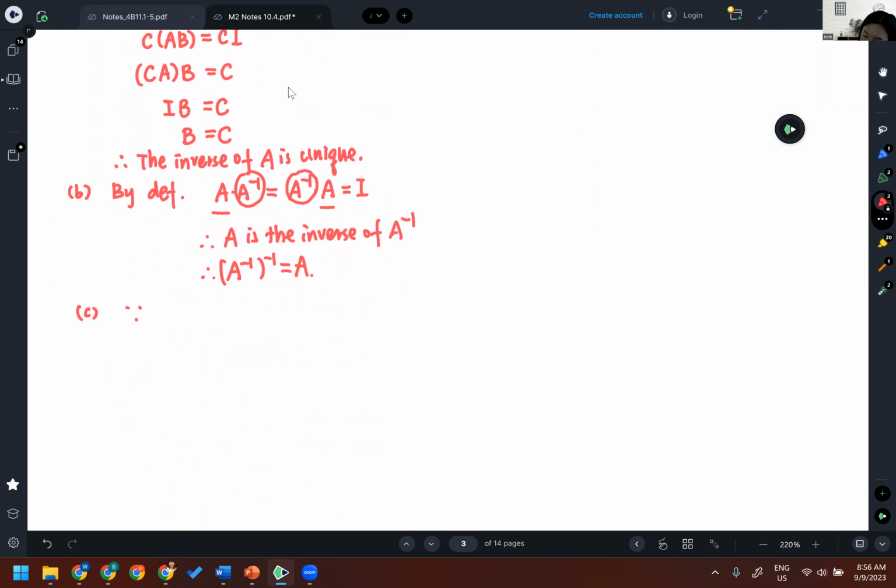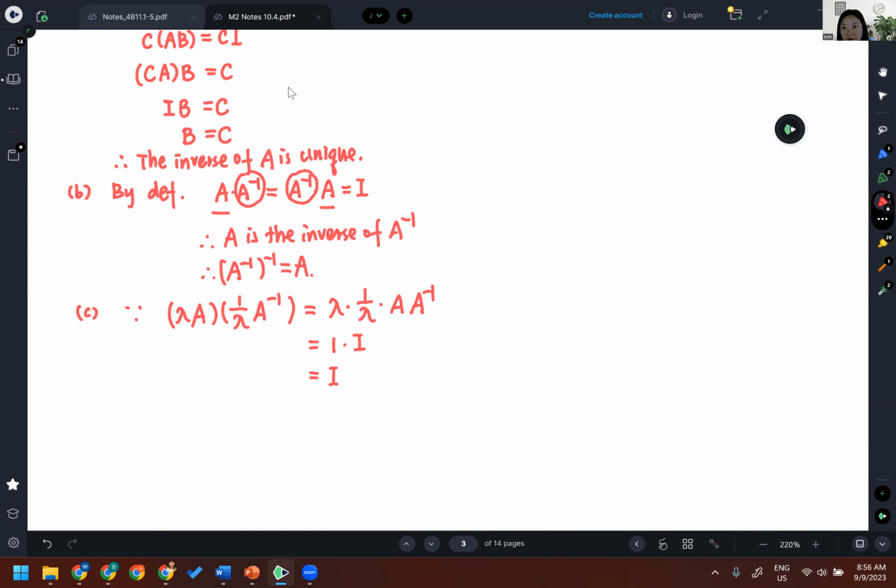Because lambda times A times 1 over lambda times A inverse equals lambda times 1 over lambda times A A inverse, equals 1 times I, equals I.